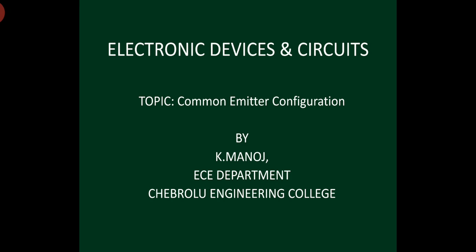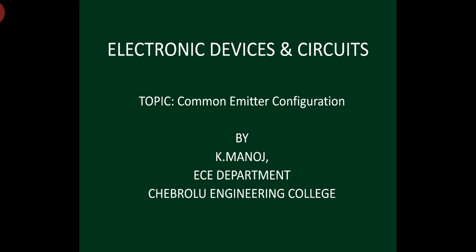If emitter is grounded, then base becomes the input terminal and collector becomes the output terminal. So base and emitter form the input terminals, and collector and emitter form the output terminals.